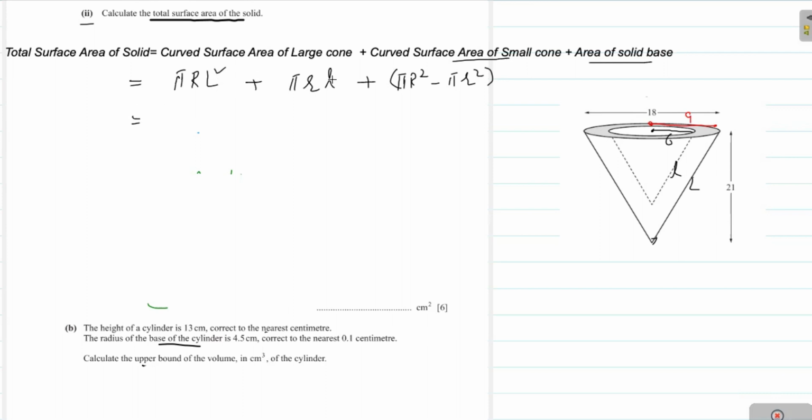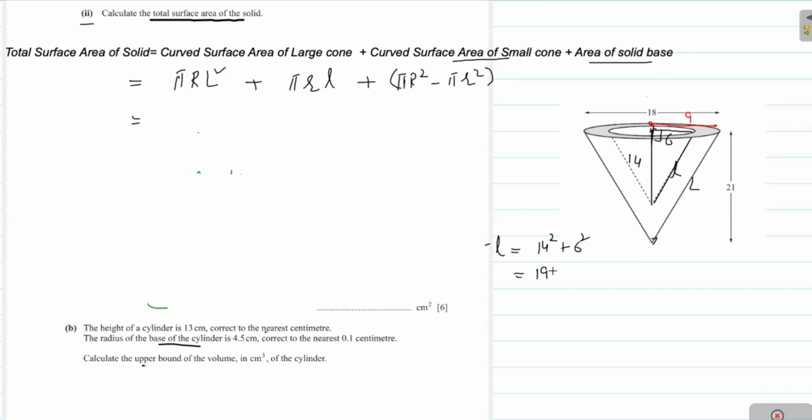We first calculate the slant lengths of the large and small cone. You see here this is the slant length of the small cone, and this is the height of the small cone, which is given in the question as 14. This is a right angle triangle, and the slant length of the small cone will be equal to 14 square plus 6 square, because this is the hypotenuse of the right angle triangle.